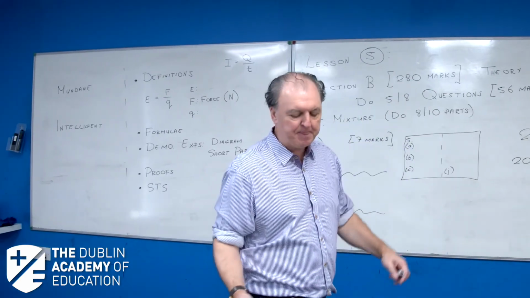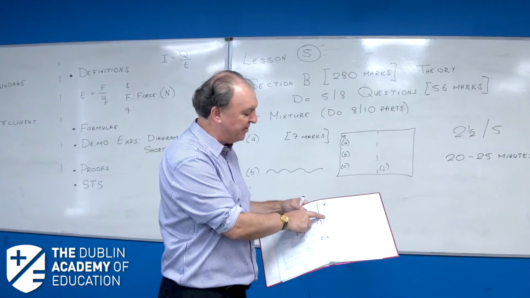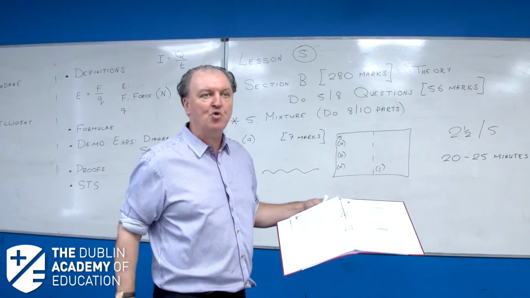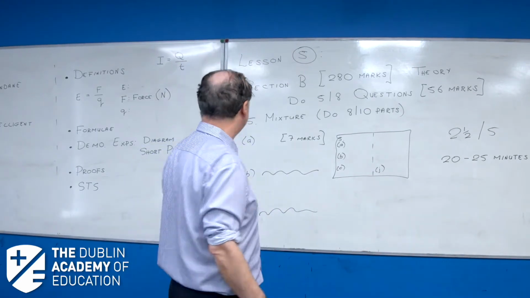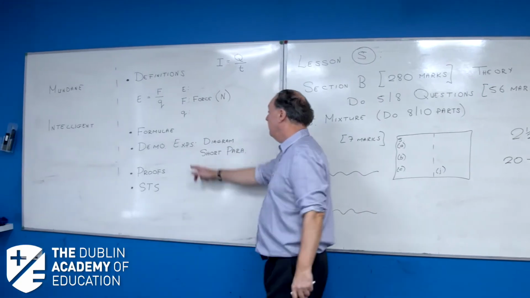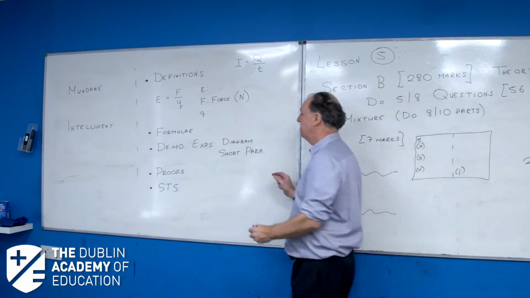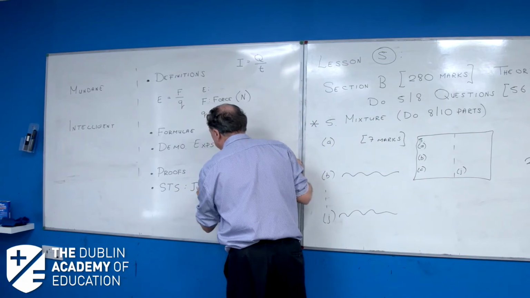I've listed them: STS about waves, the Doppler effect, speed traps, uses of mirrors. They're throughout the notes. But the nice thing about them is I don't have to learn them like I have to learn the demo experiments. I just have to read them and familiarize myself with them.